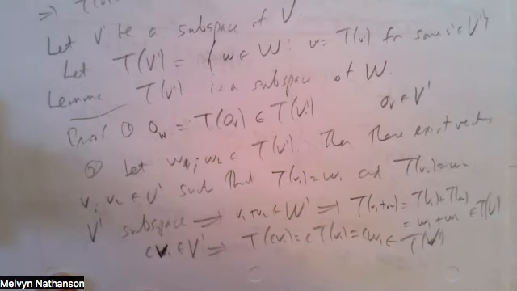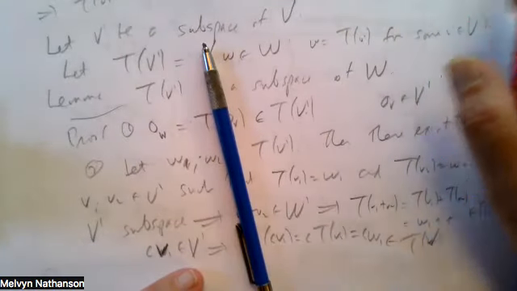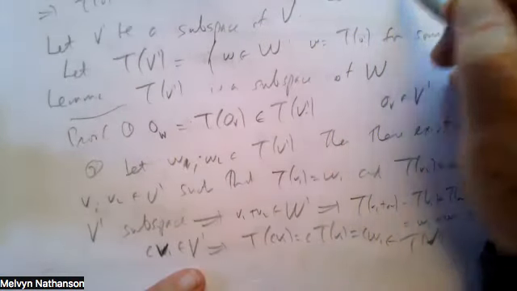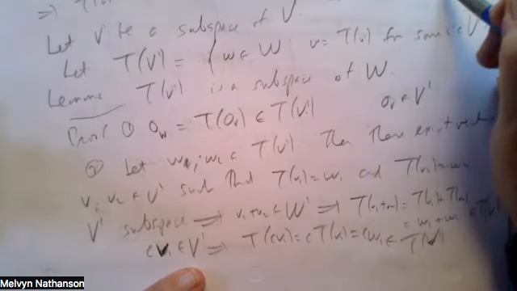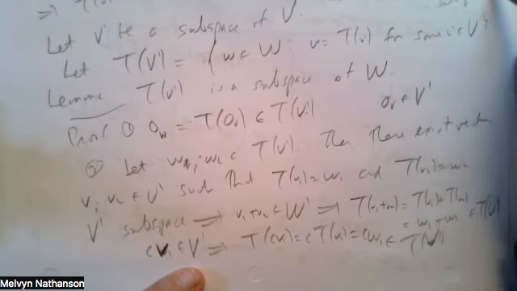So if I take a subspace V prime of V and look at its image over in W, that's a subspace of W. In particular, if I let V prime equal V, T of V, which is called the image of T, is a subspace of W. So that's one important property of linear transformations.